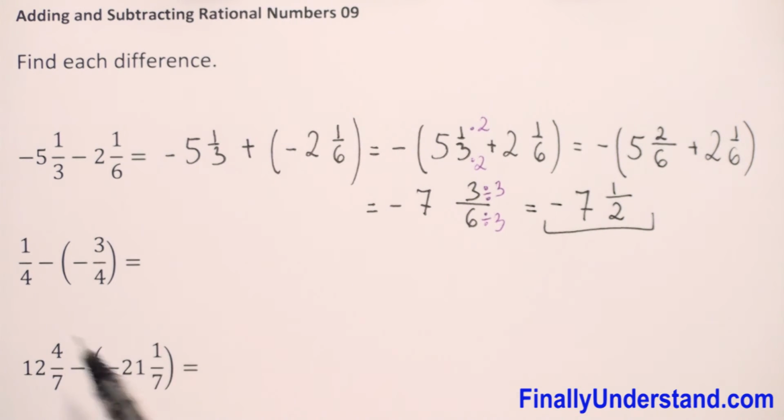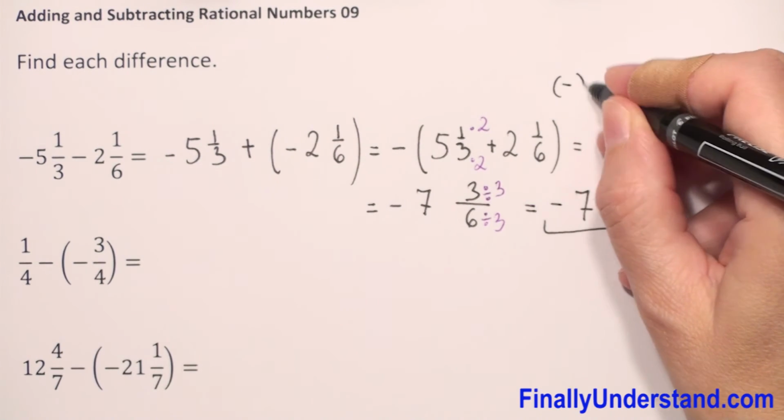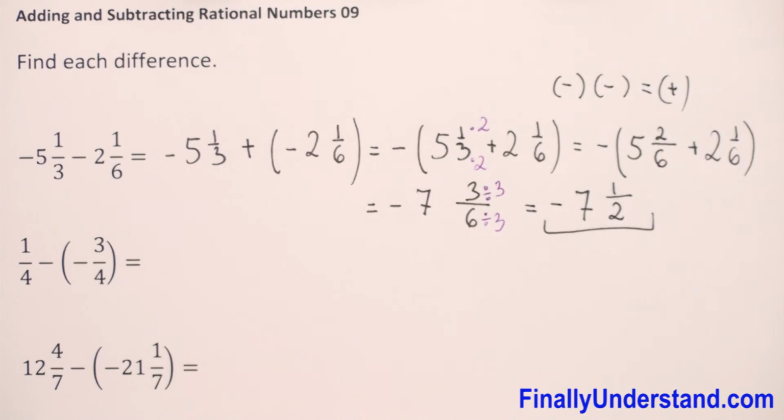Next example, subtraction. So again, you can memorize that when we have two negative signs, they always give you positive. Or you have to remember when we subtract rational numbers, we use the same rule like for subtracting integers.